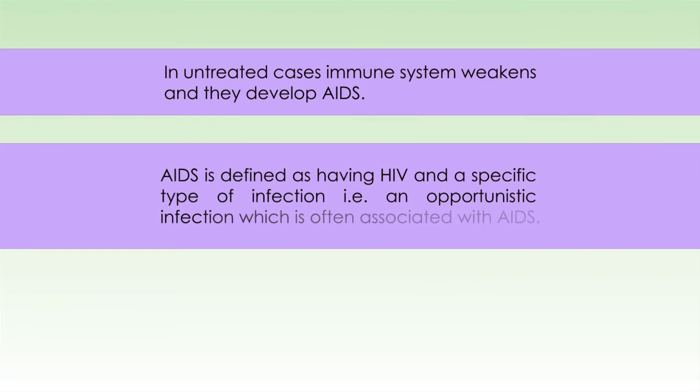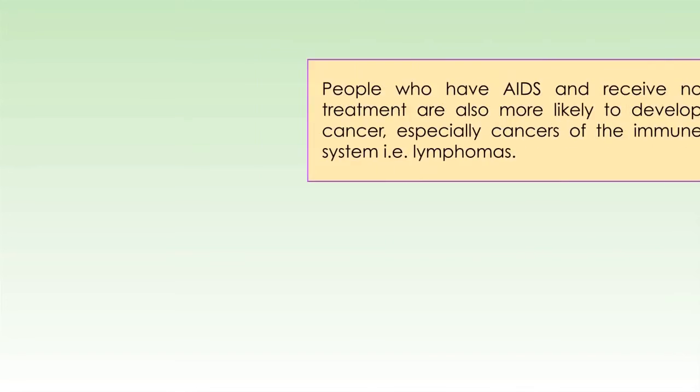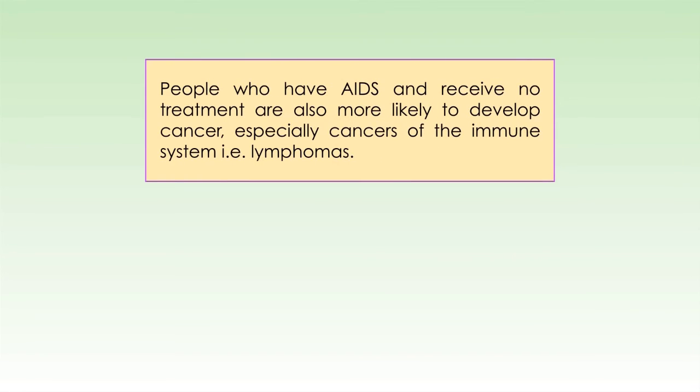So AIDS is defined as having HIV and a specific type of infection, that is, an opportunistic infection which is often associated with AIDS. This infection can be bacterial, fungal, viral, or parasitic. So people who have AIDS and receive no treatment are also more likely to develop cancer, especially the cancer of the immune system, that is lymphomas.